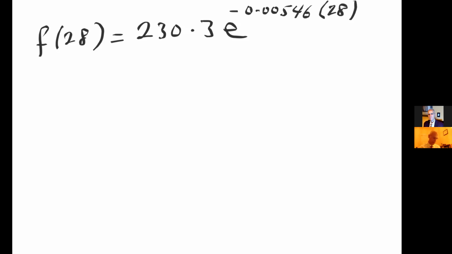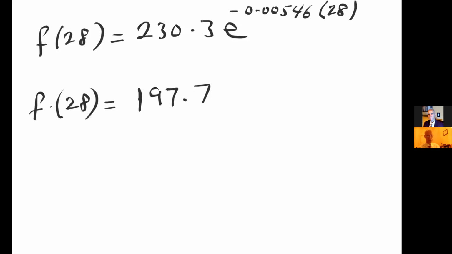And my calculator gave me, to 1 decimal place, 197.7. So the death rate as a result of heart disease 28 years after year 2005 is 197.7.